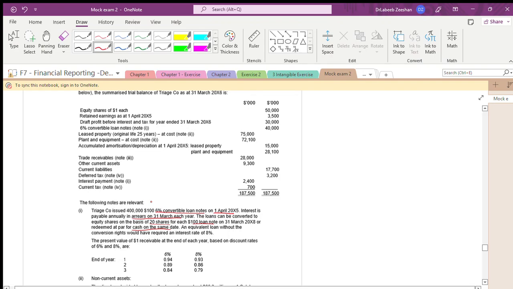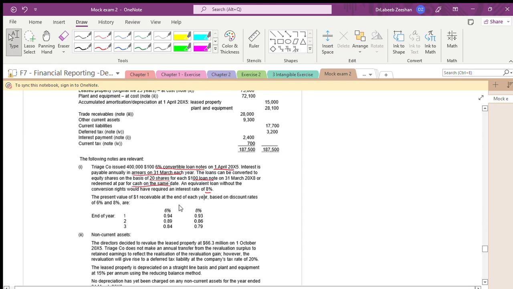Convert it into shares, or you can take cash. An equivalent loan without the conversion rights would have a required rate of return of 8%. For what you have to do, we should know the present value of receivables at the end of the year based on discount rates of 6% and 8%.